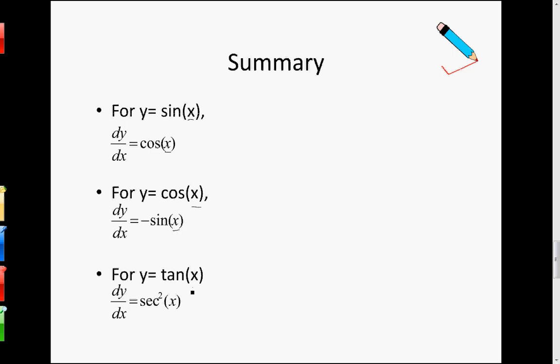Okay, but cases are you don't get such a nice variable inside like x, so you probably get like 3x plus 4 or something like that. You just have to use chain rule. Okay, so treat the whole thing as one first, then do the differentiation, and after that differentiate what is inside this parenthesis or this bracket.